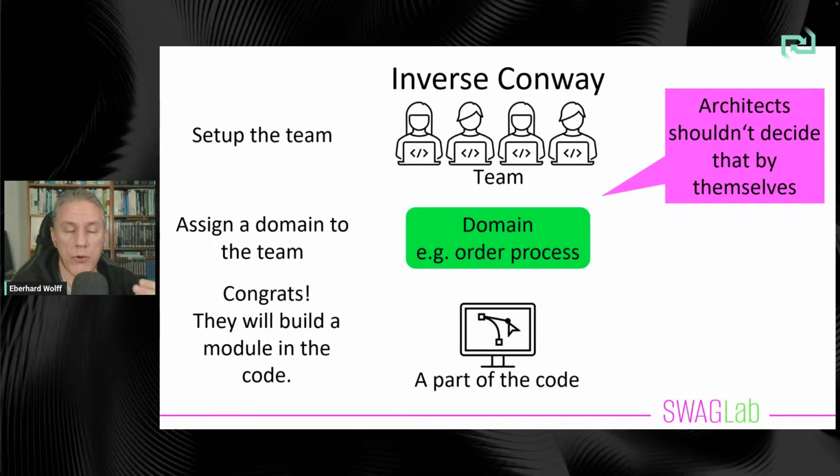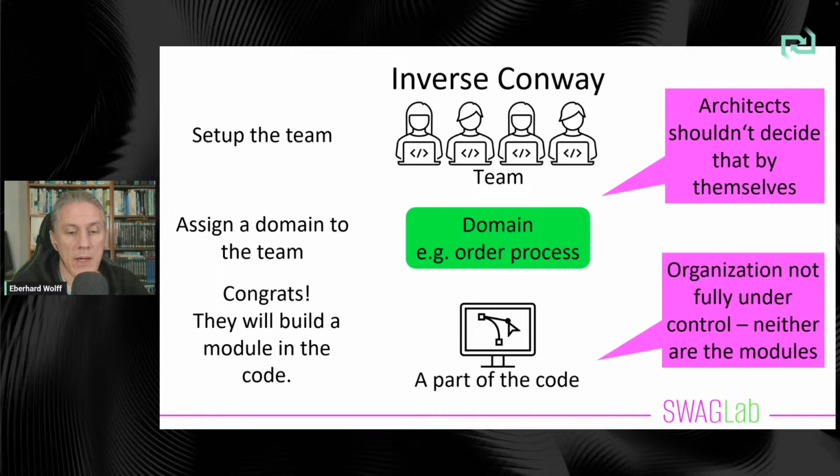And as I mentioned before, this is something where we have other things that we should take into consideration, like priorities, where the focus should be, maybe things that require more people to work on, and so on and so on. And we don't have the full control over the organization. So therefore, we as architects cannot really apply this inverse Conway maneuver.